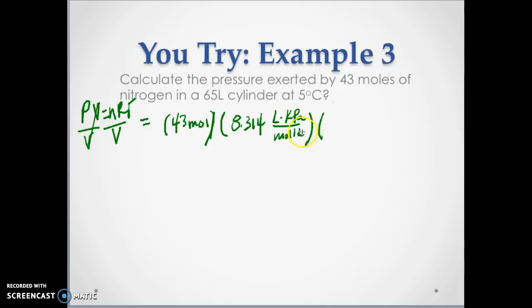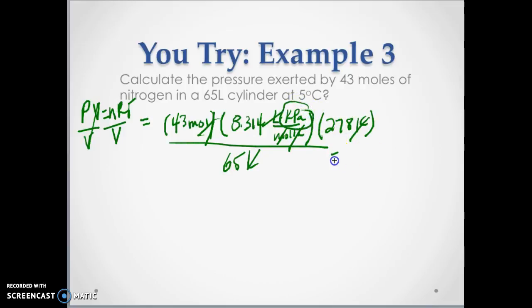And T has to be in Kelvin, so 278 Kelvin, because you just add 273 here. And then the volume is 65 liters. It matches with the constant units here. So liters and liters cancel, moles and moles cancel. If this was in grams, then you would convert into moles using the molar mass. The K's cancel here, and you're left with kilopascals. And when you do the math, you get 1,529 kilopascals.